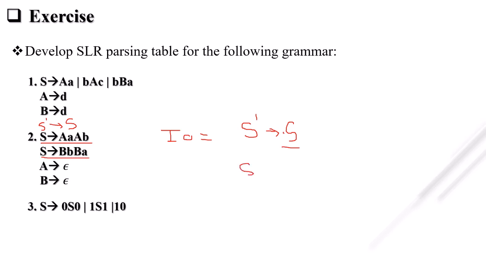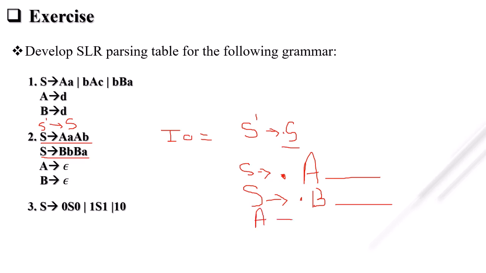S tends to dot capital A and the remaining thing, then S tends to dot capital B and the remaining thing. Now you check that the dot is before the non-terminal A, so I have to write the production of A also.